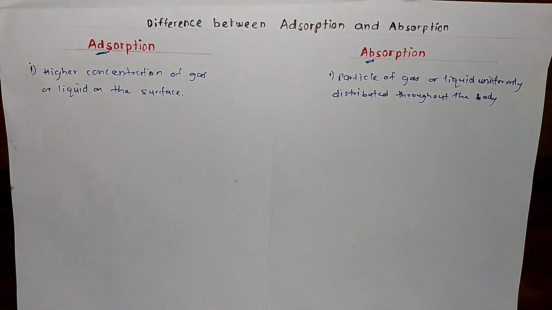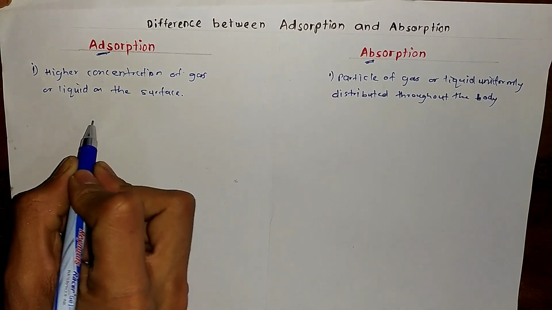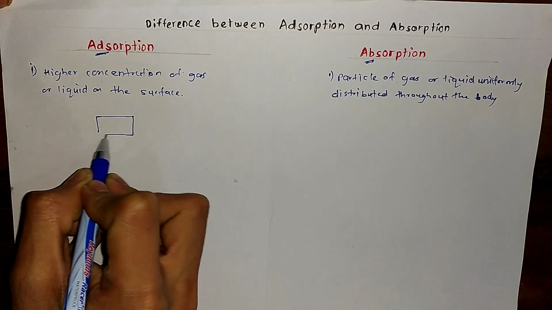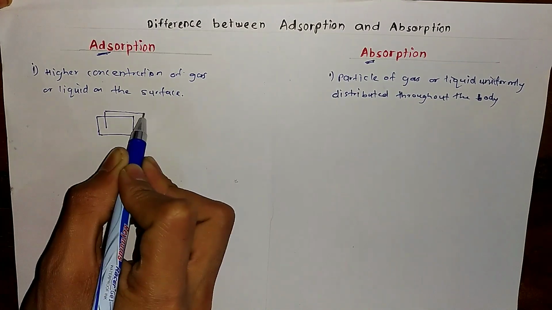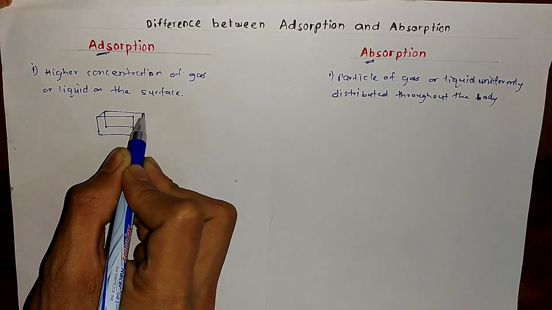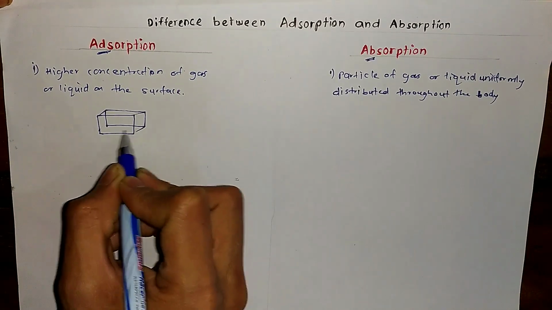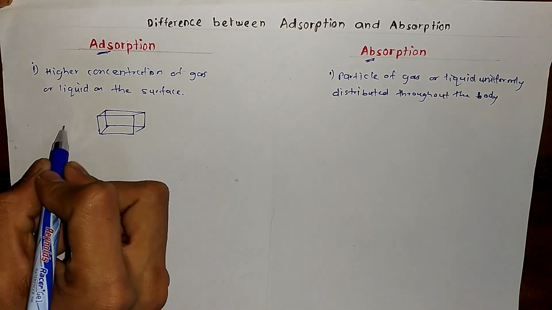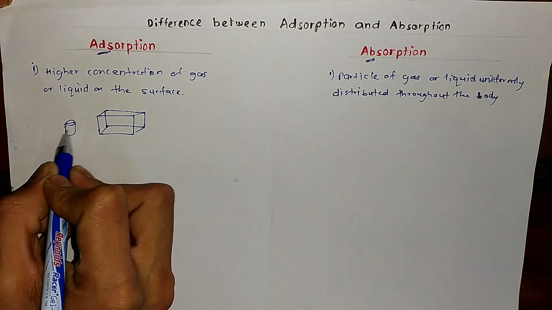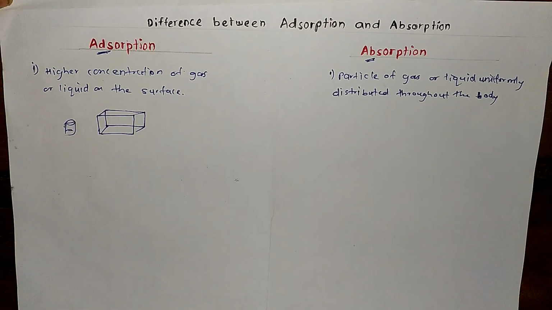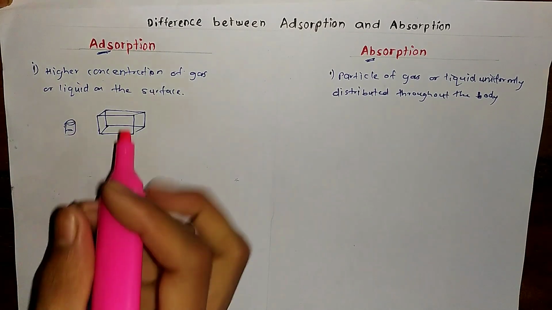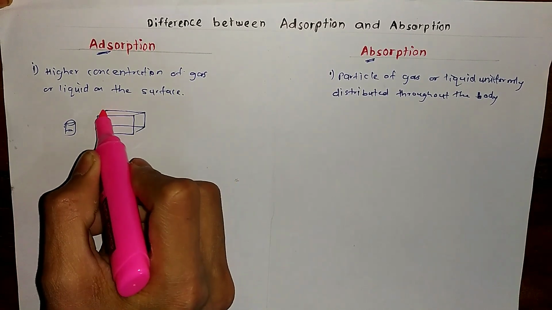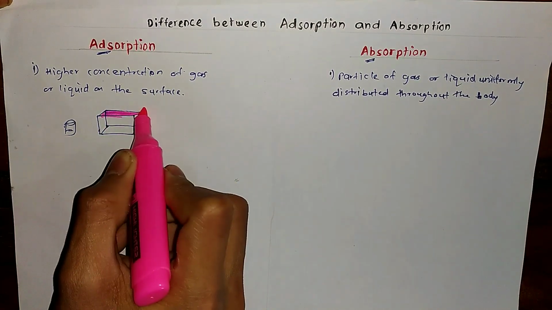It means if we see the example of adsorption, if we have a dry wooden block and put red color solution on this block, the red color solution will only cover the outer surface of the wooden block.